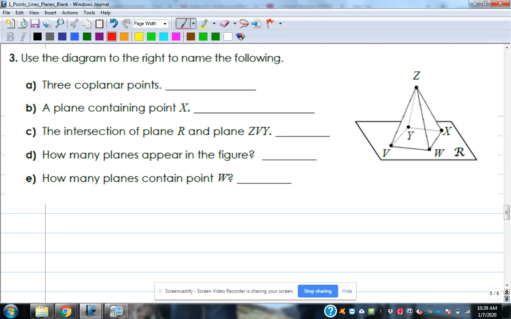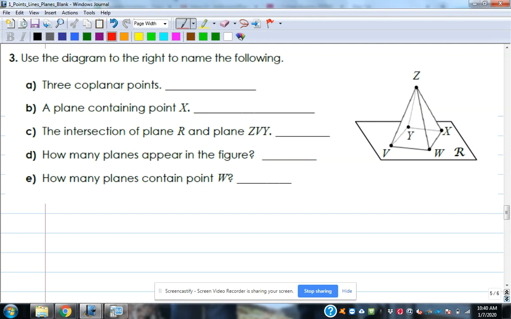So for each side of this pyramid, the back side and then this side and then the bottom, which is actually on this plane R, we get another plane in there. So there's a lot of planes in this picture. Sometimes you don't recognize that because you see a shape and don't recognize that it's 3-dimensional, so it has faces, and those faces are considered planes.